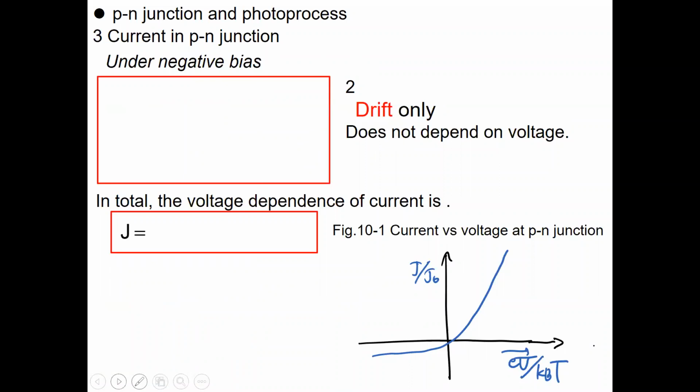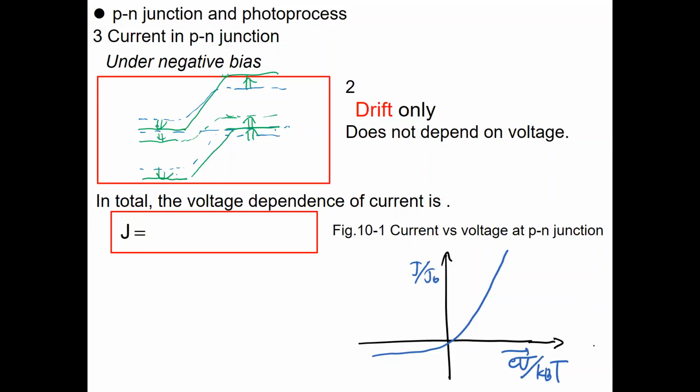And now the negative bias case. Thinking about the original case, compared to this, you move in the opposite way, like this.